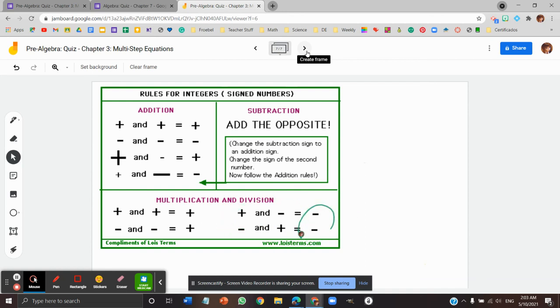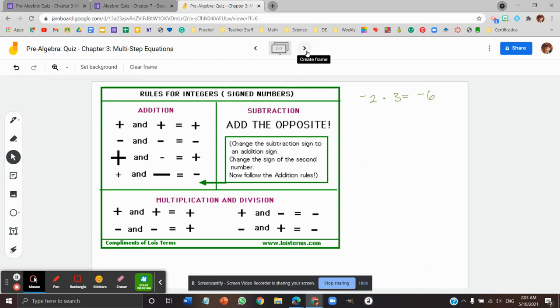So for example, if I had -2 times 3, they're different signs, so I know that my product is going to be negative. And 2 times 3 is 6, right?